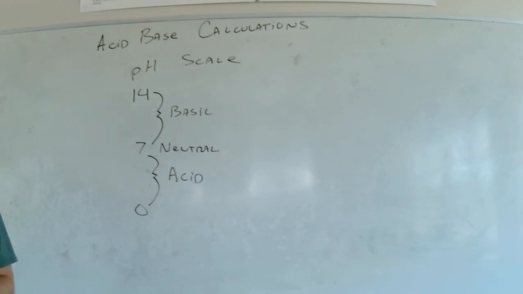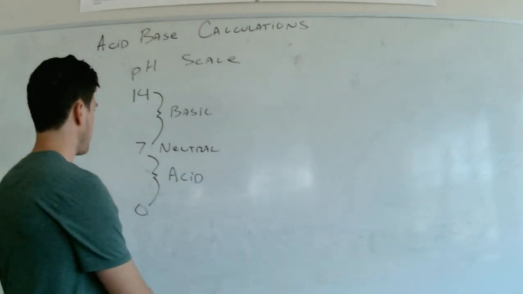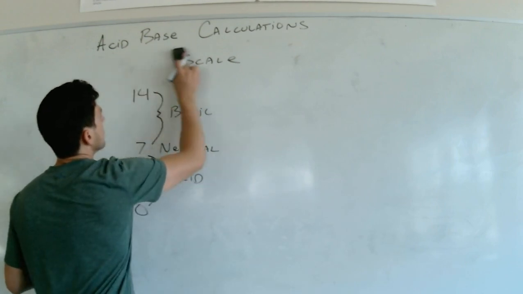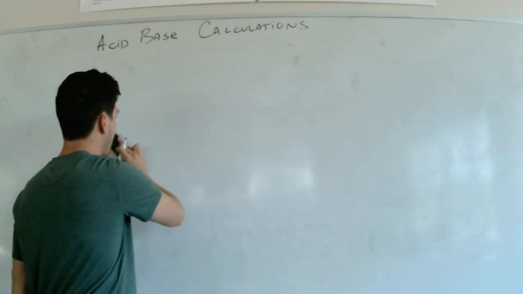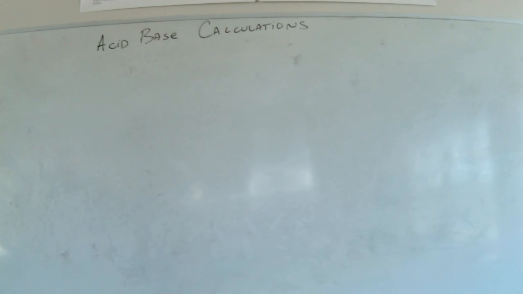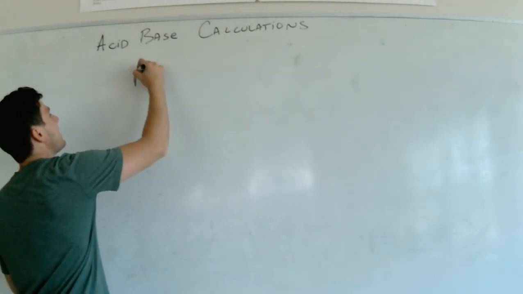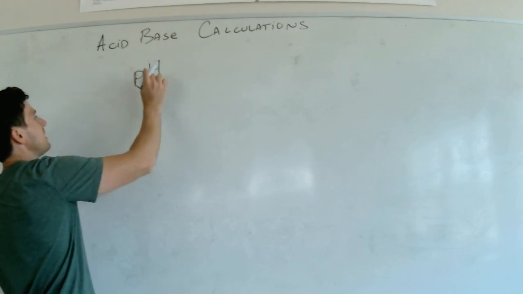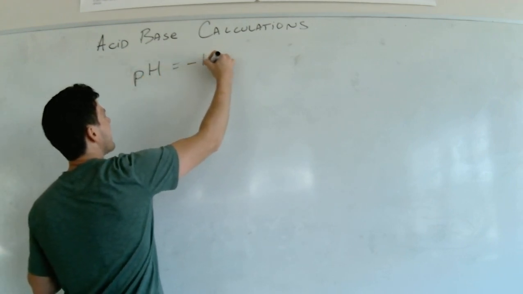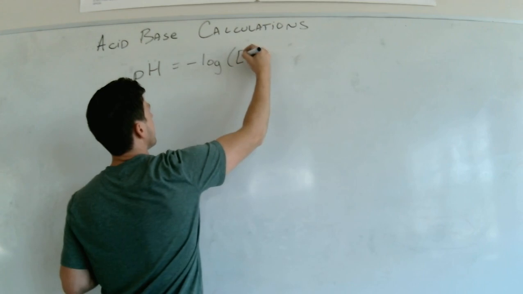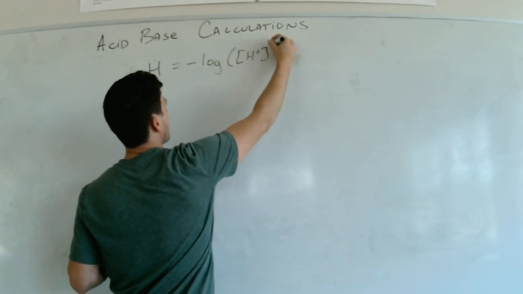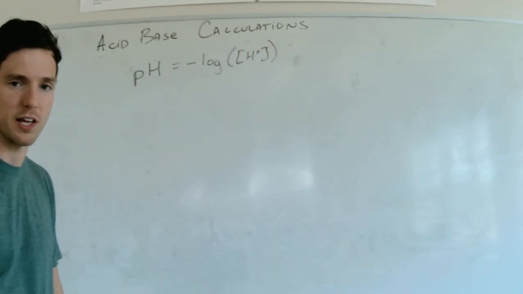Now let's talk about the formulas we're going to be talking about today. There are pretty much just about 4 of them. First thing is pH. If we want to find pH, we take the negative log of the concentration of H plus.